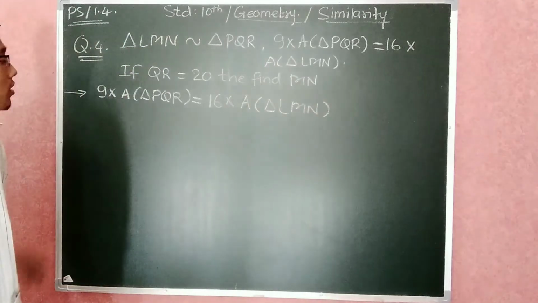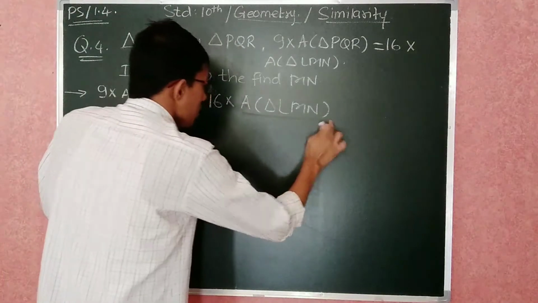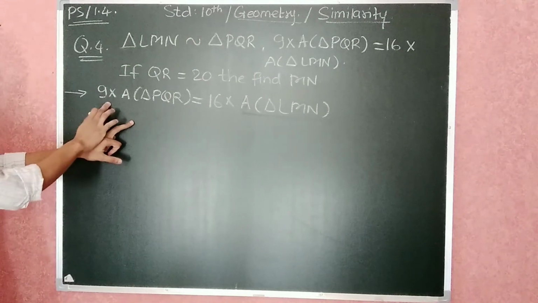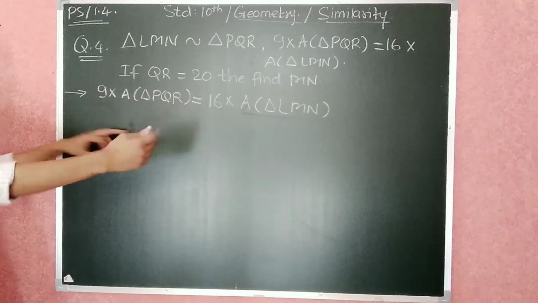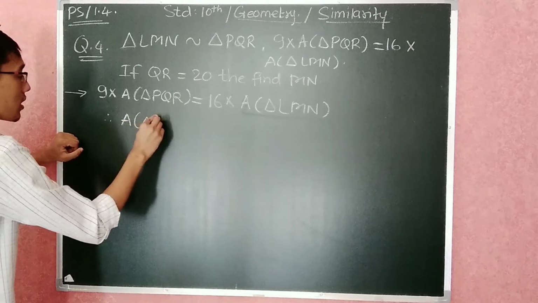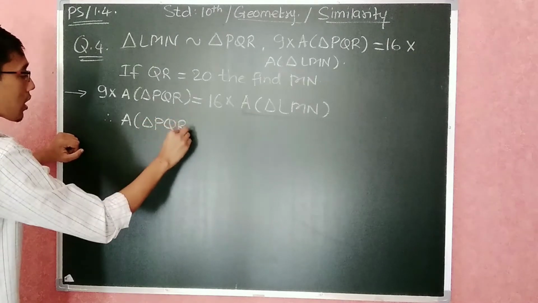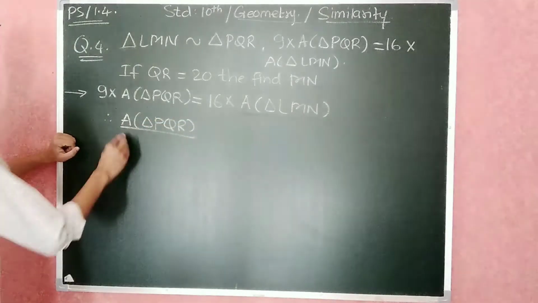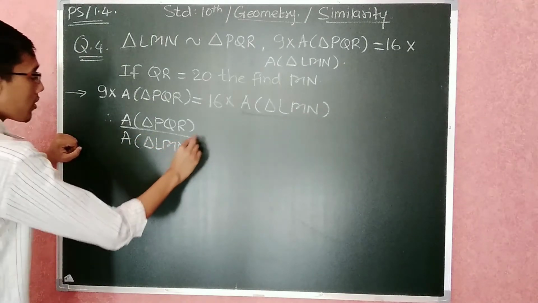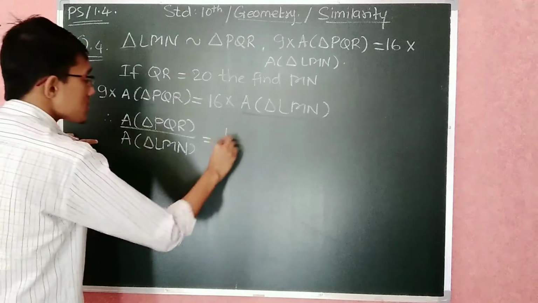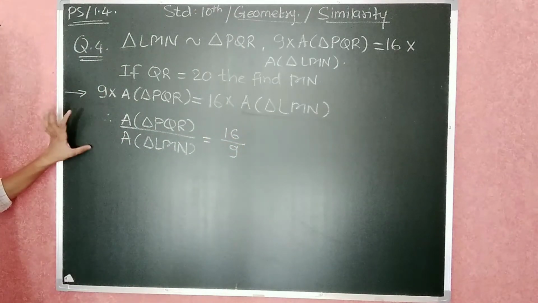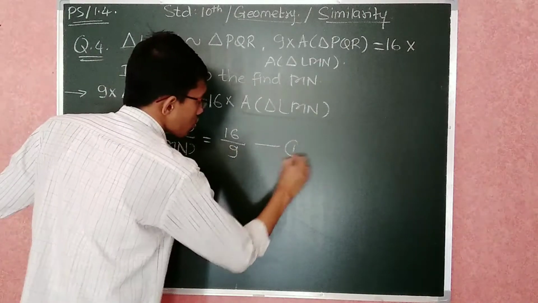Now I will shift this term from the RHS to LHS, and 9 from the LHS to RHS. So therefore area of triangle PQR upon area of triangle LMN is equal to 16 upon 9. Let us take this as equation 1.